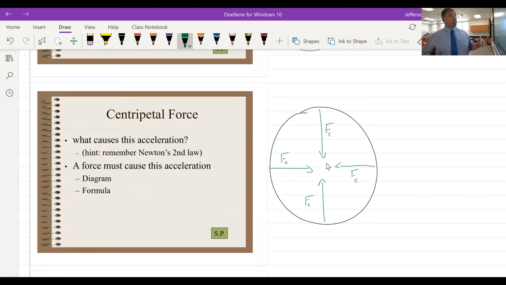It is always directed, because the net force is in the same direction as acceleration.